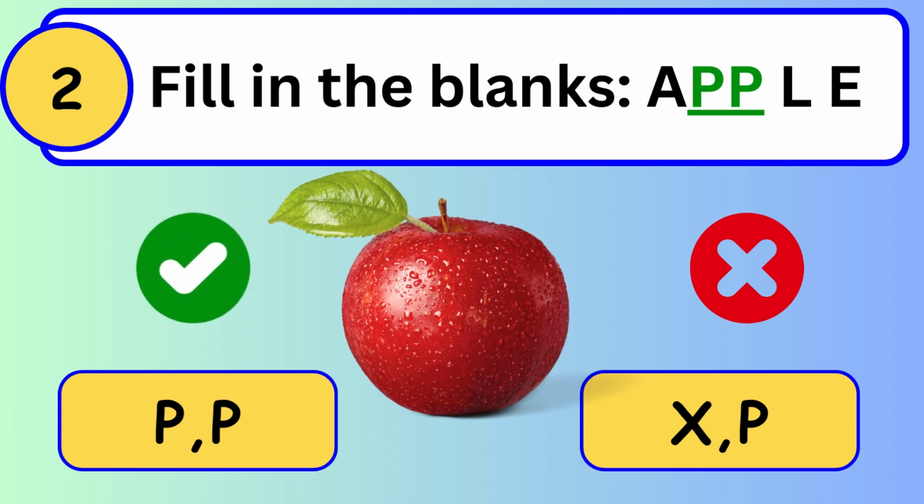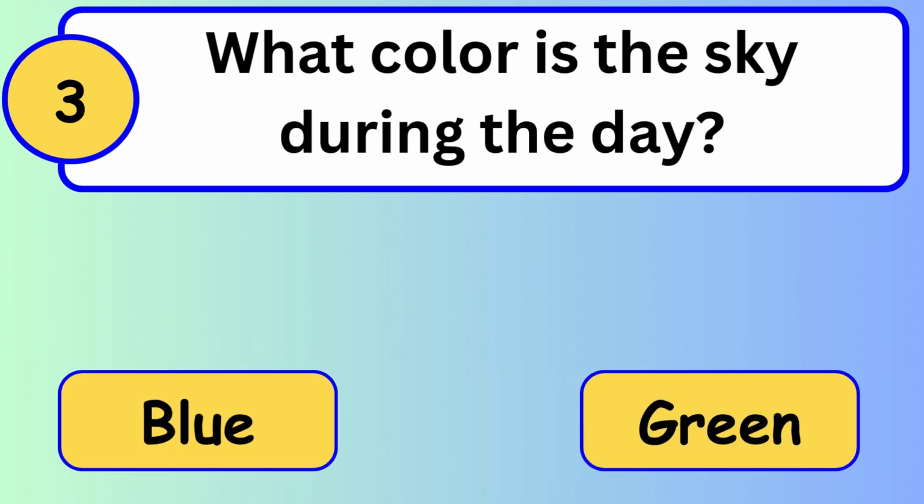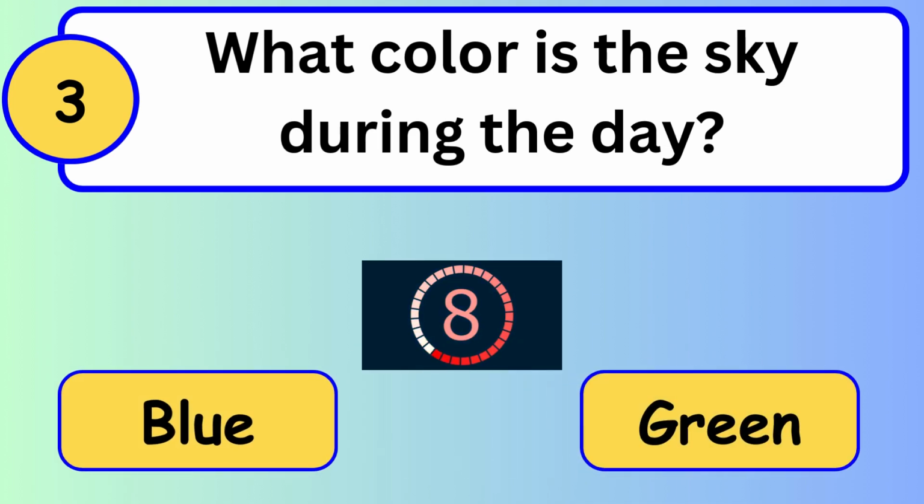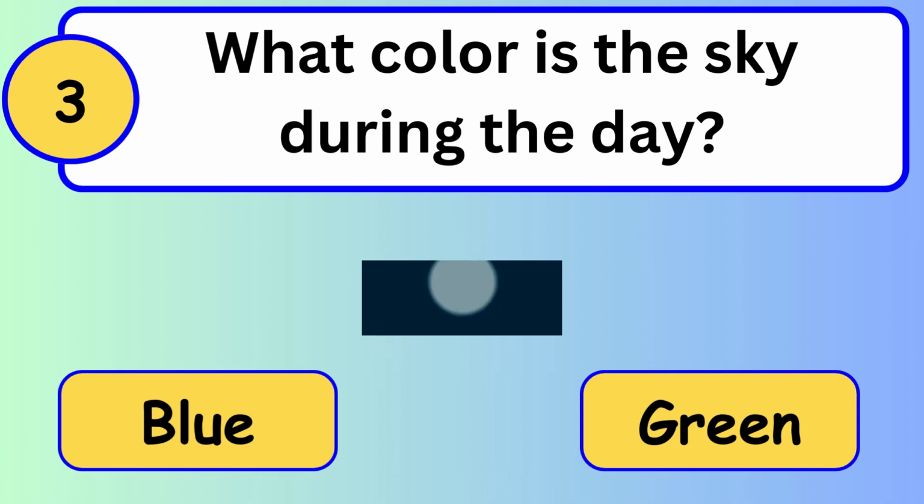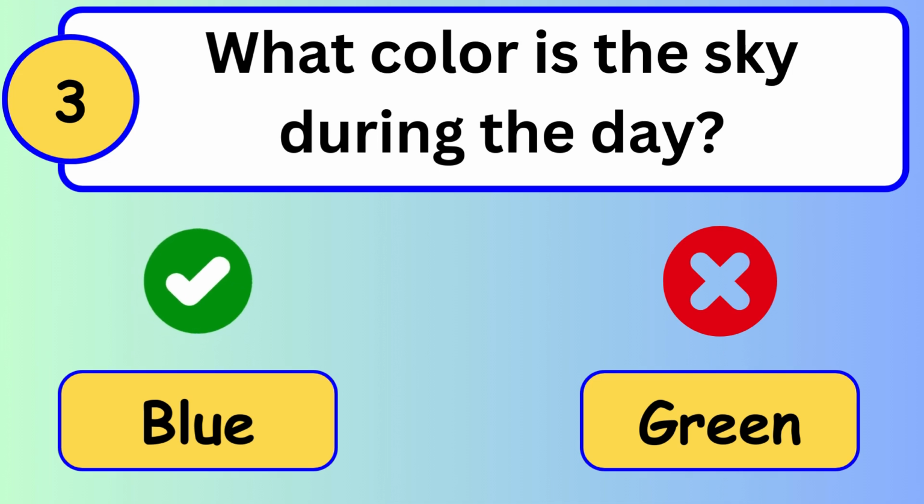A. P. P. L. E. Apple. What color is the sky during the day? Blue. The sky is blue during the day.